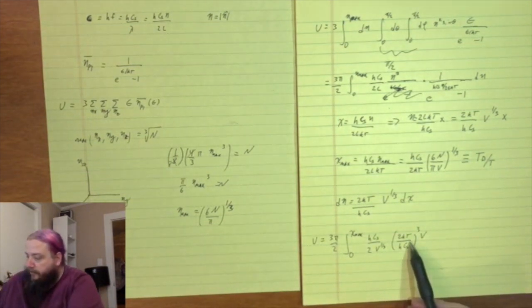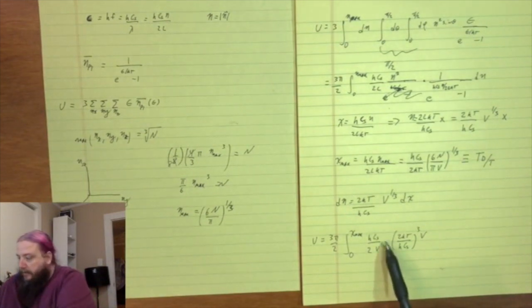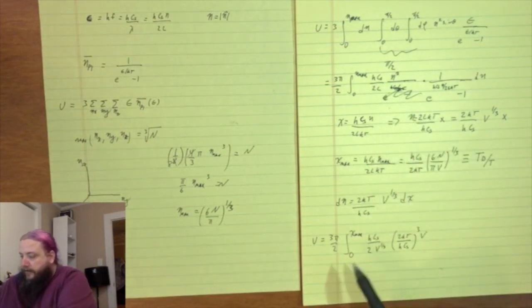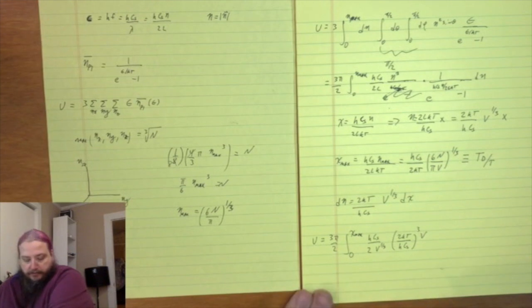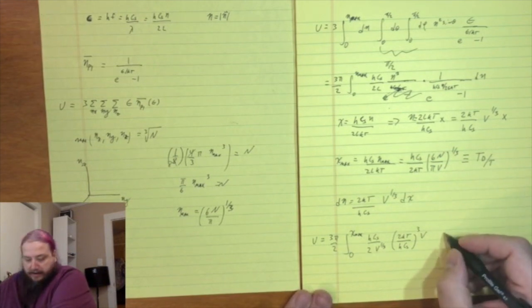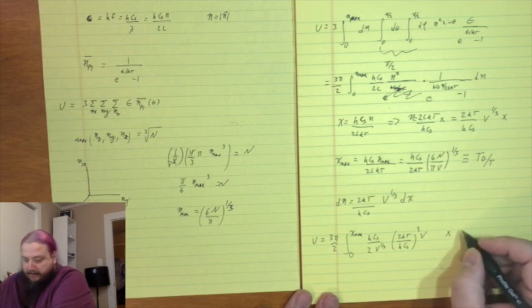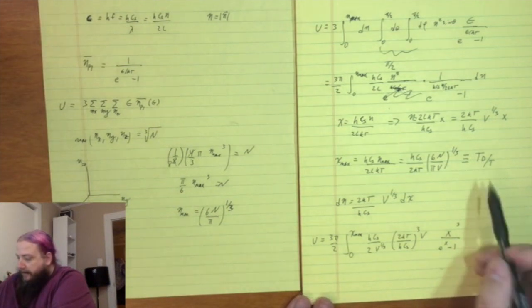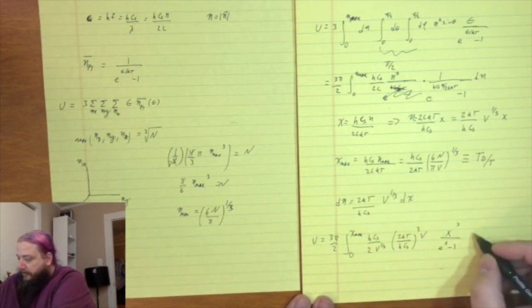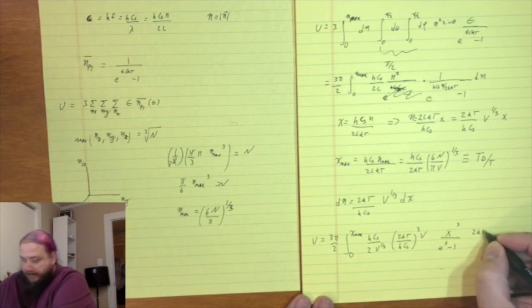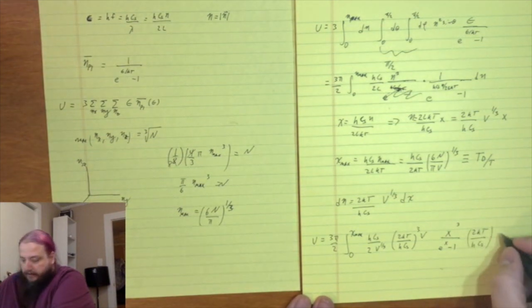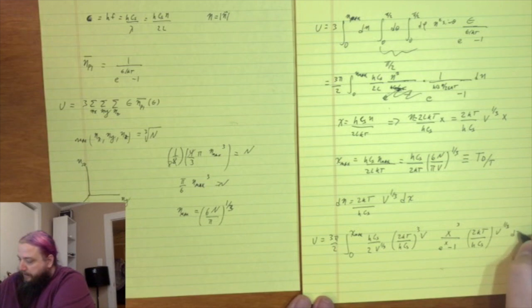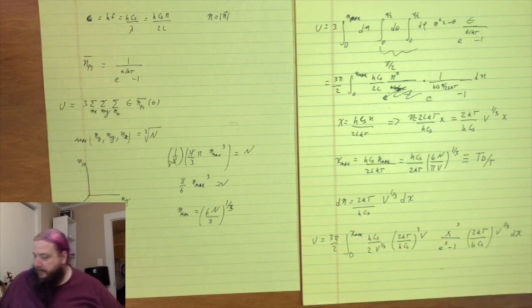So this is the n cubed term. This is our term out in front where we've just converted the L to a cube root of volume. And now we have an x cubed over e to the x minus 1, and the dn gets converted like this, so that's 2 kT over Planck's constant times the sound speed times volume to the 1/3 dx. And now a bunch of things can cancel.